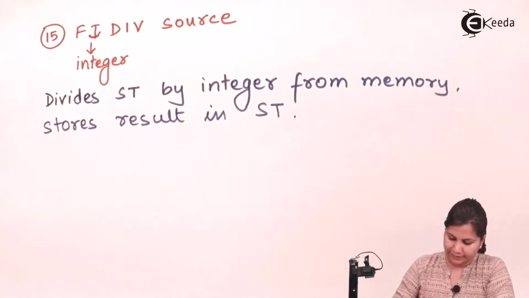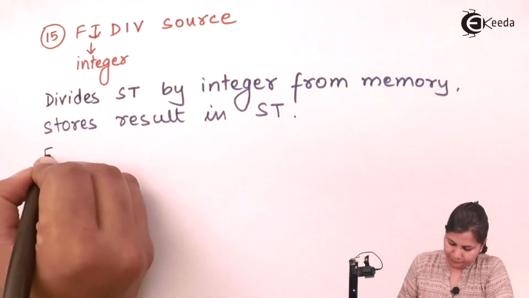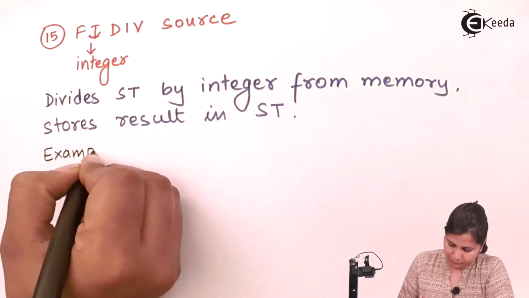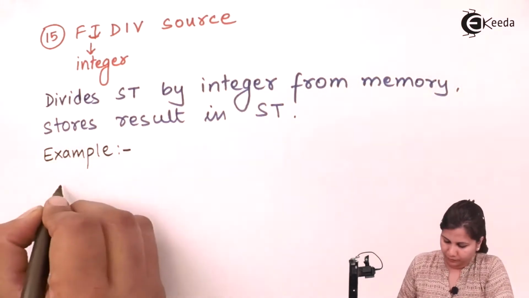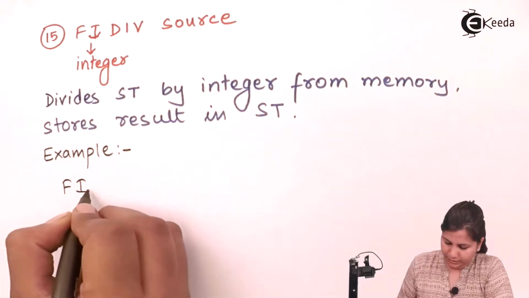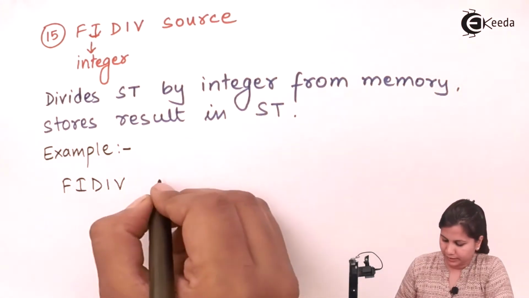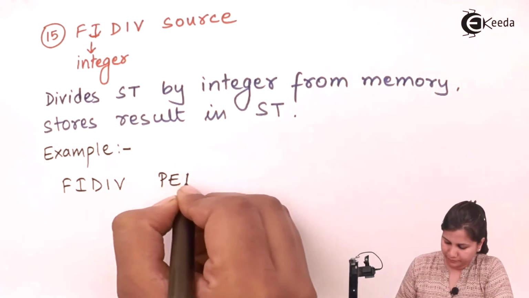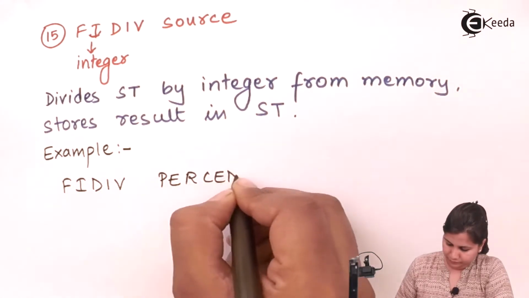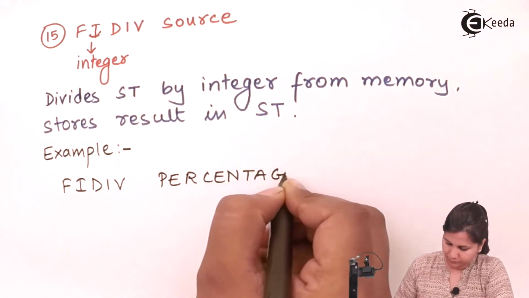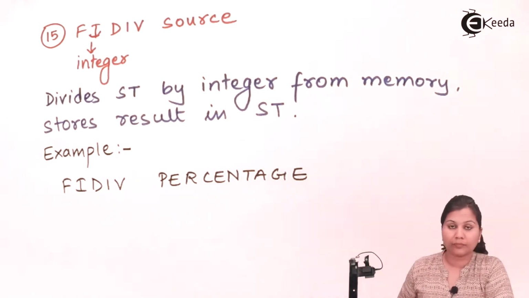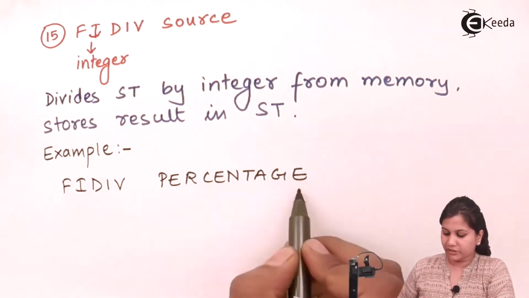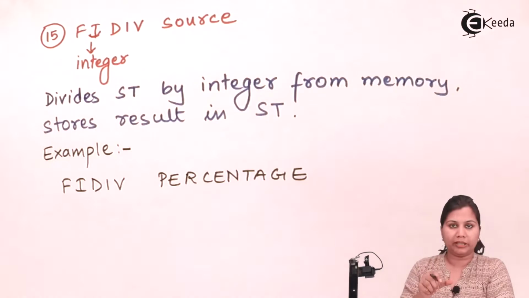Example of this is FIDIV percentage. Here percentage is the label given to the memory location.